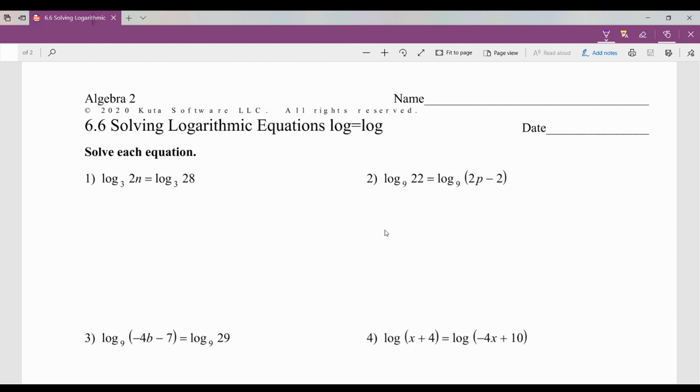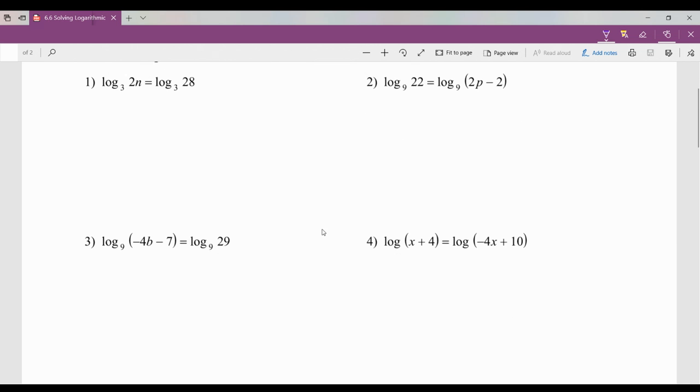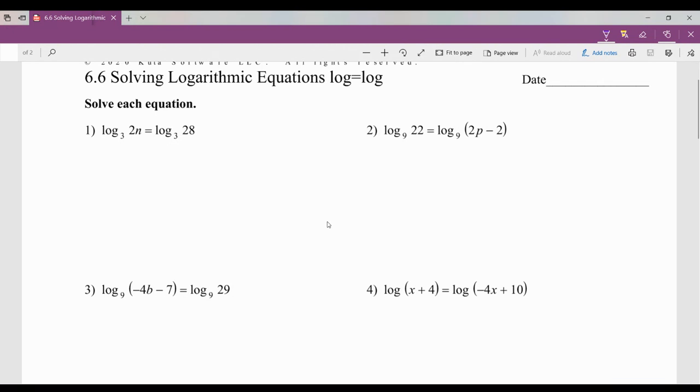All right, hey guys, so right now we are going to go through how do we solve logarithmic equations where we have 1 log is equal to 1 log.